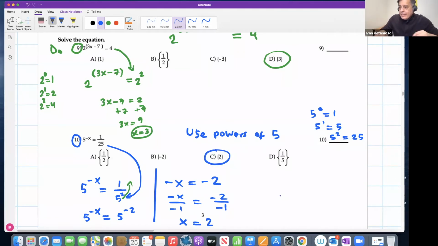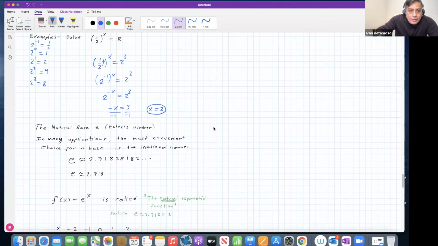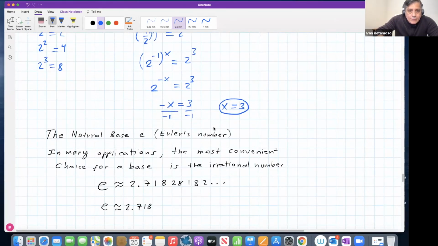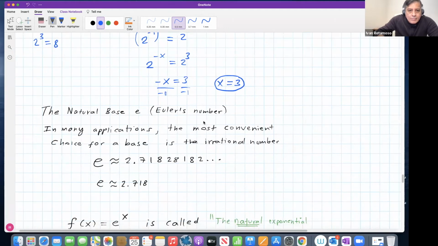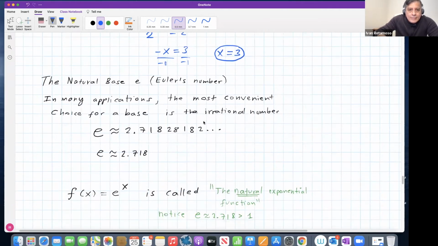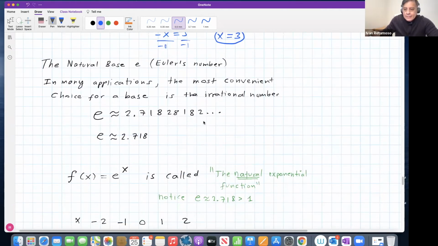They call it the natural exponential function because the base is special, it is the number E, Euler's number. And when you use these natural exponential functions, you can model a lot of things that occur or happen in nature.